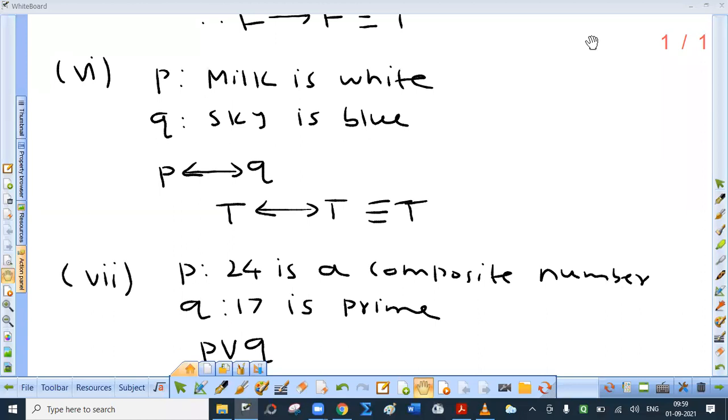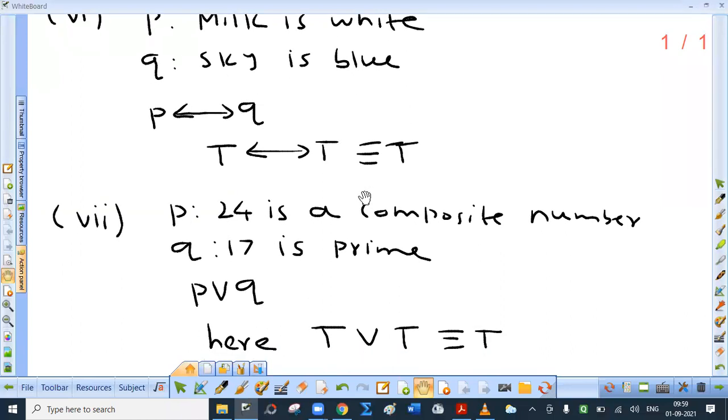Sum number 6, milk is white if and only if sky is blue. P, milk is white, Q, sky is blue. If and only if means biconditional. So both the statements are true. True biconditional true is true. Then last one, 24 is a composite number or 17 is a prime number.